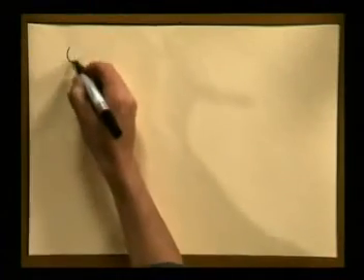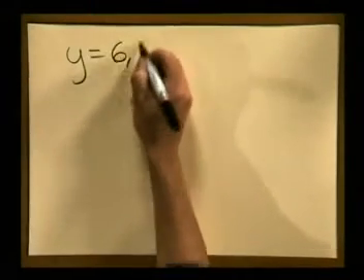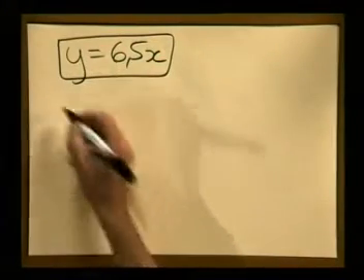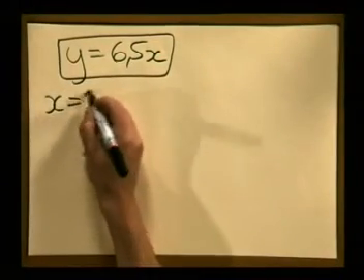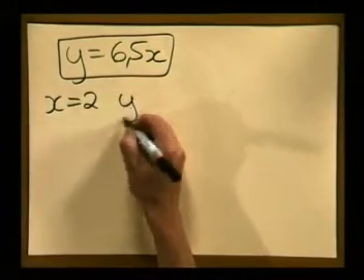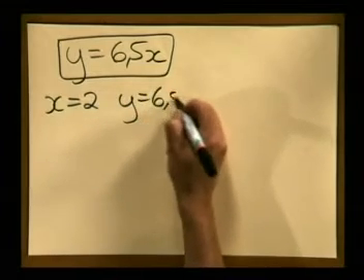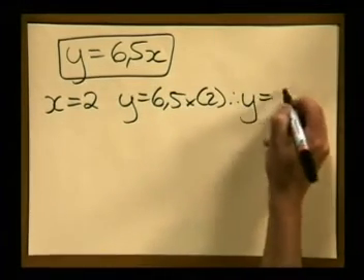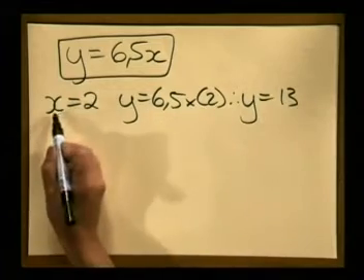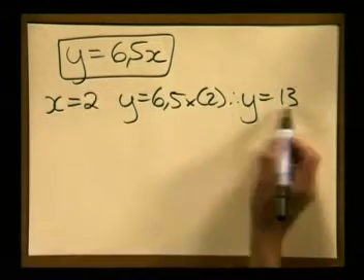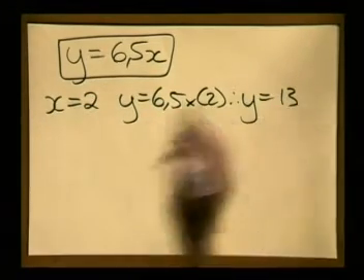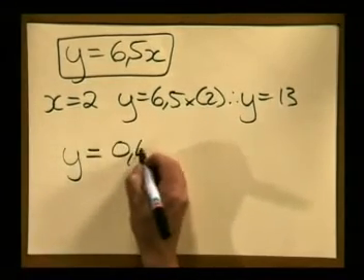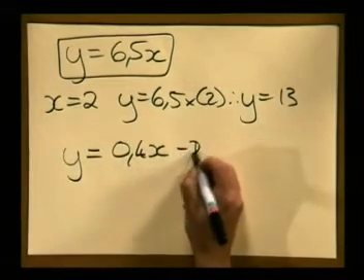Think about the formula y equals 6,5x. Now, if my input value x is equal to 2, then y will equal 6,5 multiplied by 2, so therefore y will equal 13. One input value gives me one output value. Now consider this formula. y is equal to 0,4x minus 20.